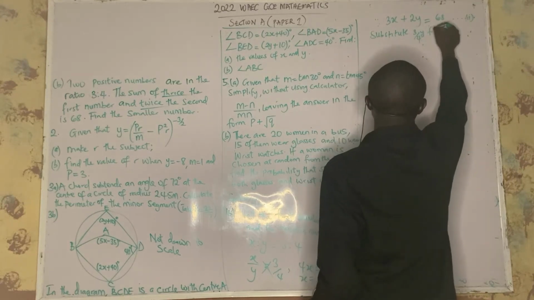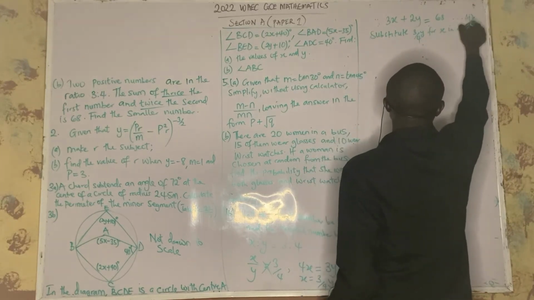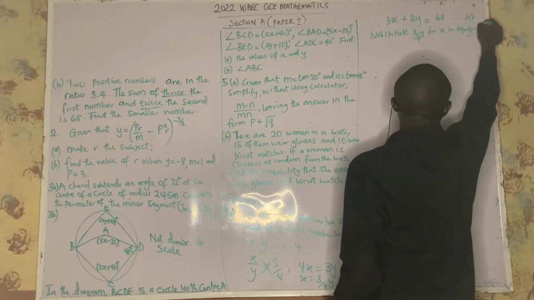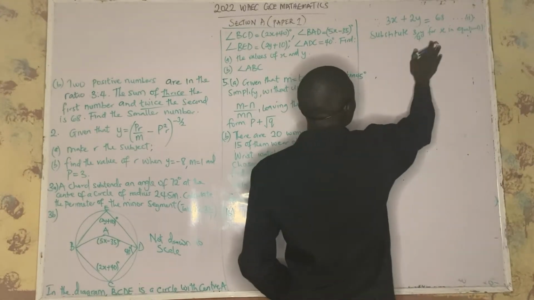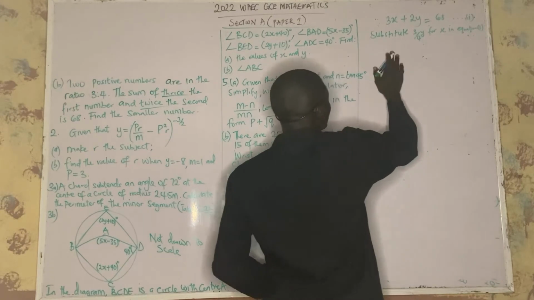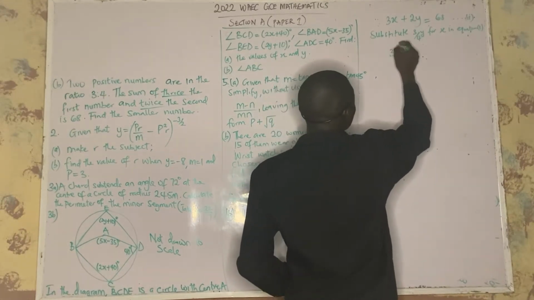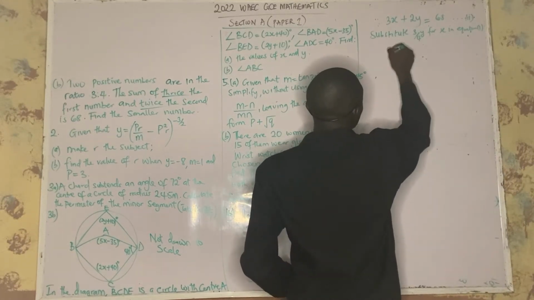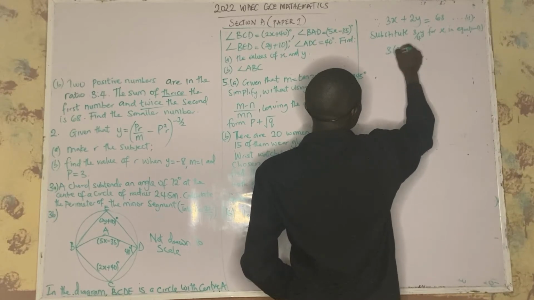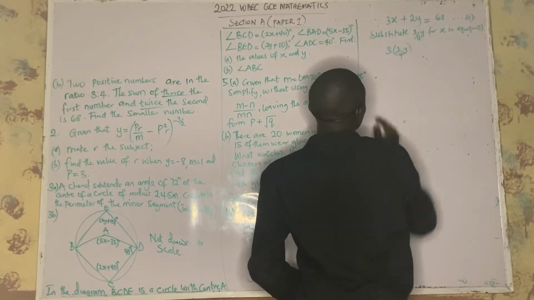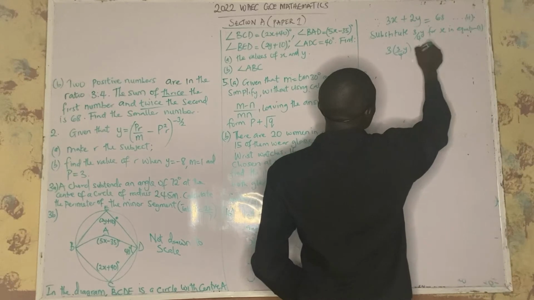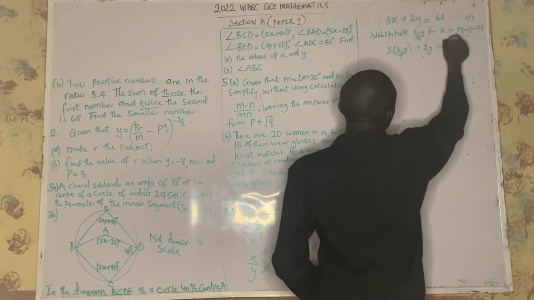Whenever we see x, we put 3/4y. So instead of 3x, we have 3 into bracket 3/4y, plus 2y equal to 68.